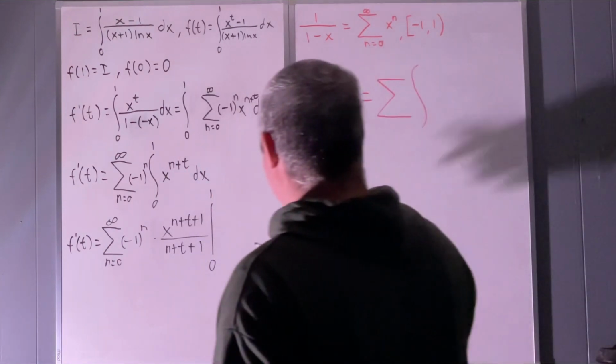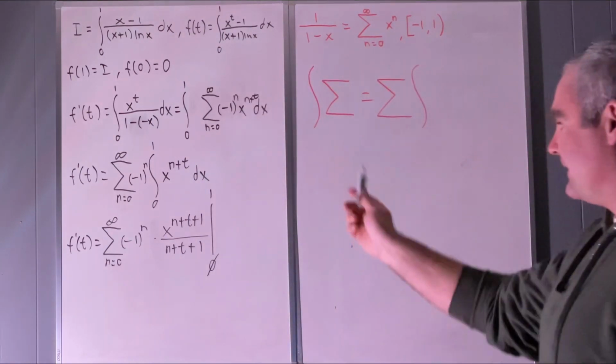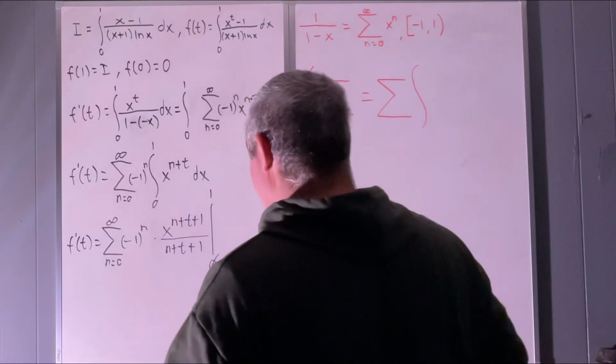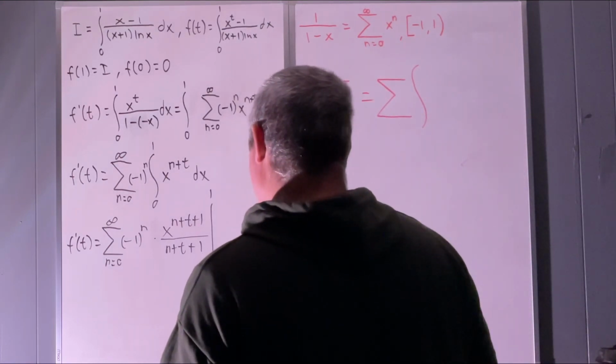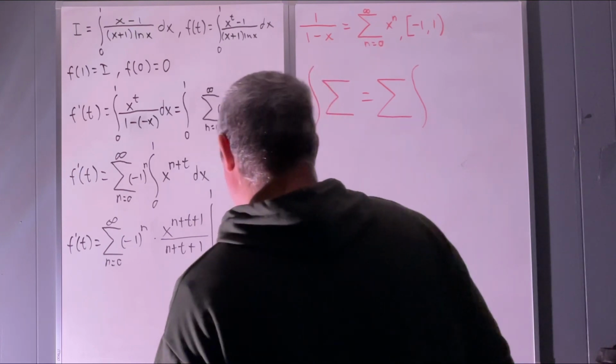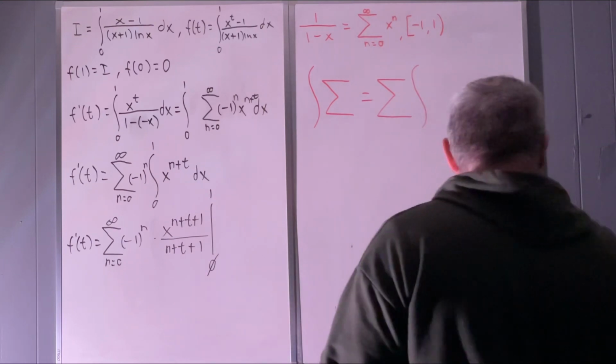Well, you see that if you evaluate it at 0, the whole thing is going to be 0, and if you evaluate it at 1, 1 to any power is just 1.